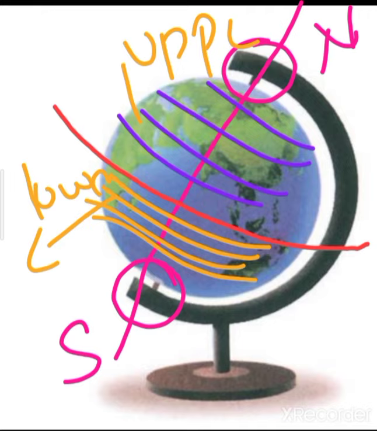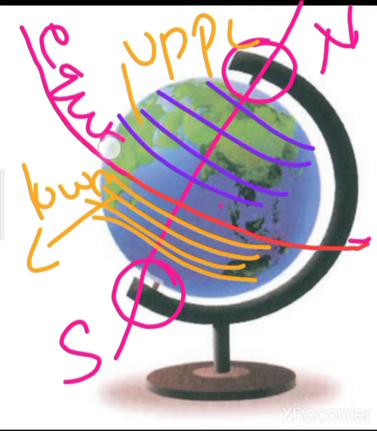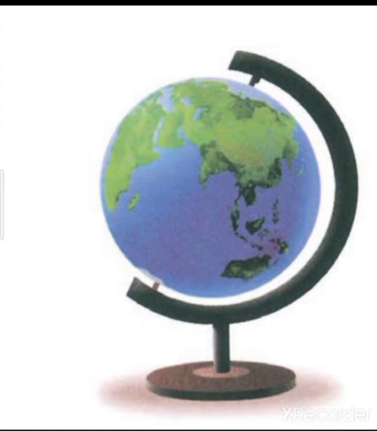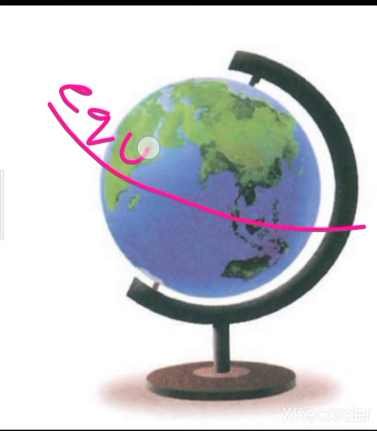This imaginary line which divides the upper portion and lower portion equally is called the equator.